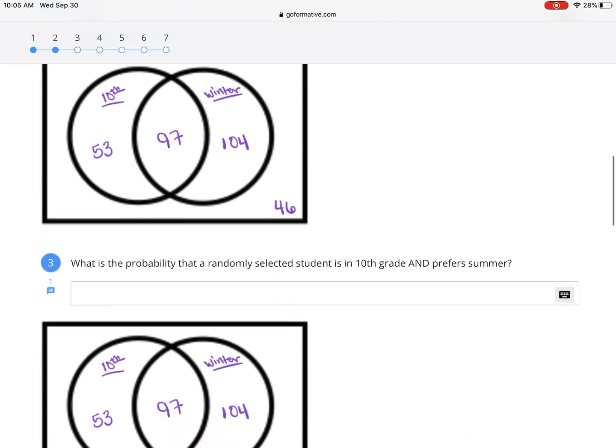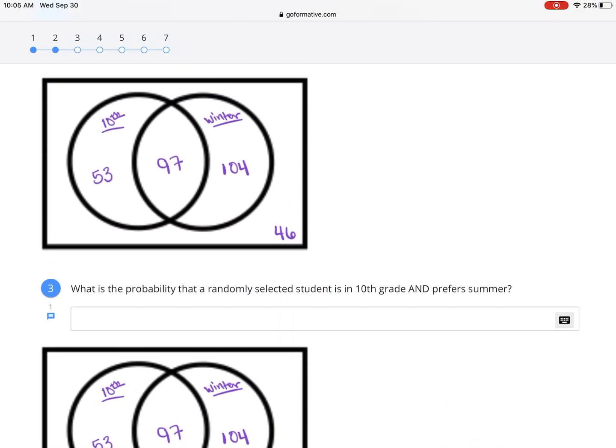All right, going on to 3. What's the probability a randomly selected student is in the 10th grade and prefers summer? Okay, so I look at my 10th grade circle, right? So when you see 10th grade, you know it's got to be in the 10th grade circle. So I look at the number 97, that's also in the winter circle, so it can't be that number.